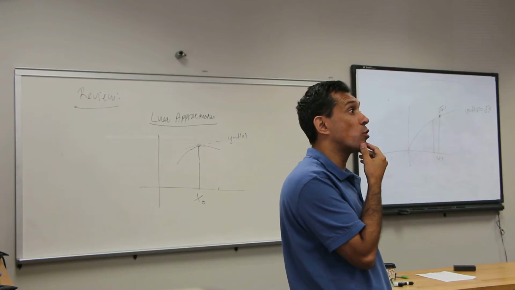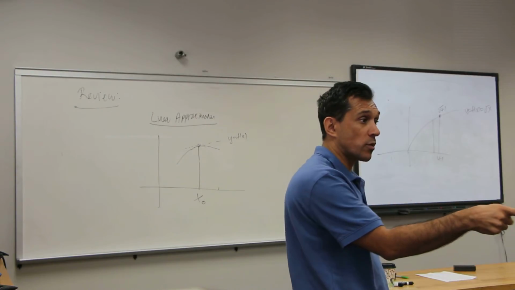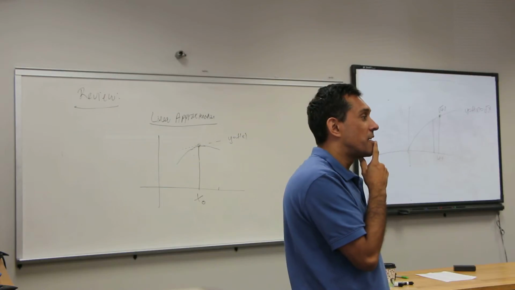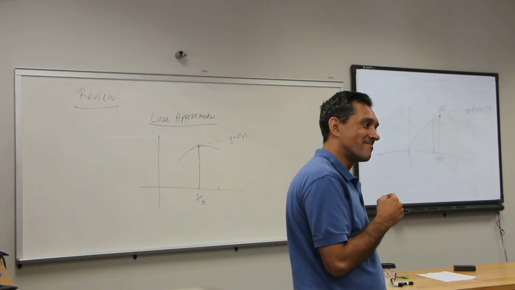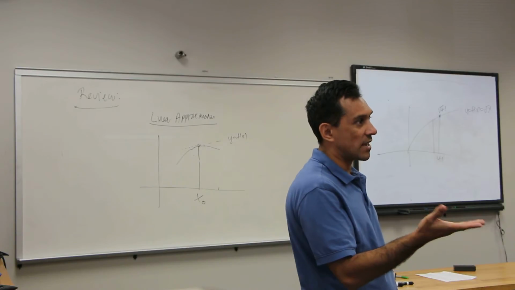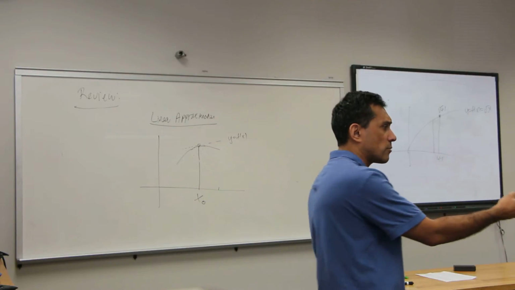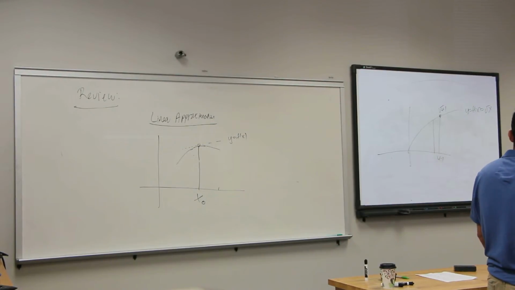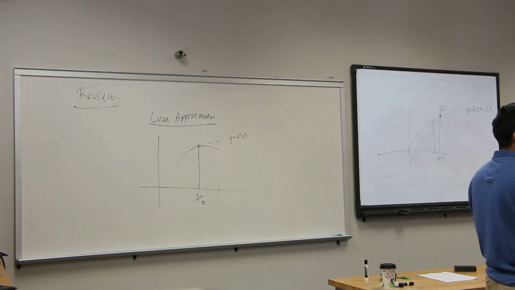You try 2.1. 2.1 times 2.1. 4.2. Too big. You try maybe 2.05 times 2.05. 2.025 times 2.025.